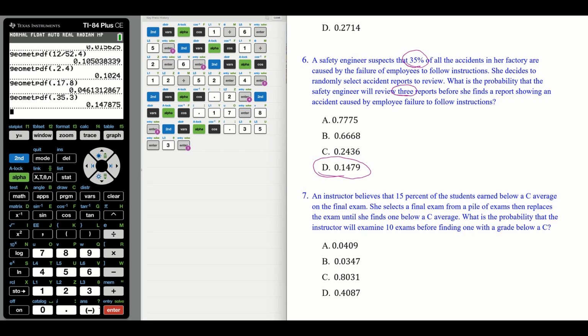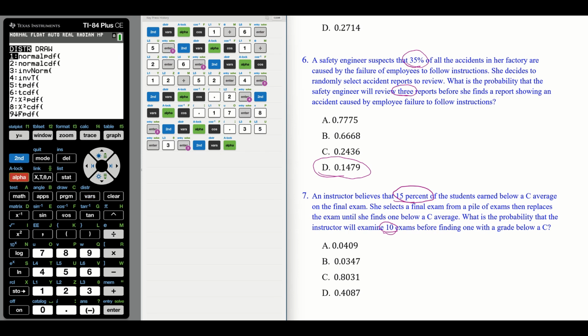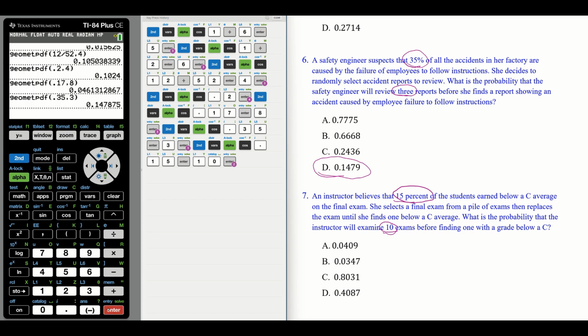What is the probability that the instructor will examine 10 exams before finding one with a grade below a C? That is second, vars, alpha, cosine, and 15%, 0.15. Remember to always change that. And 10 exams. We want to look at 10 to see what our probability will be of finding the first one. That is option B.